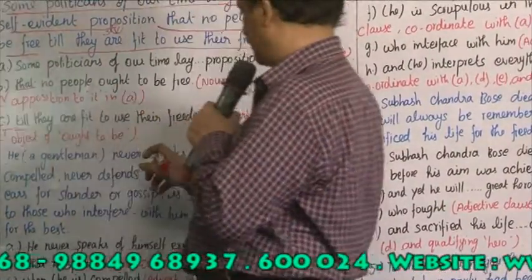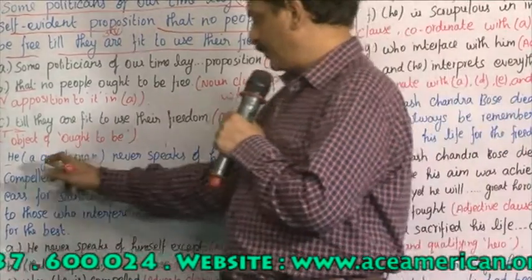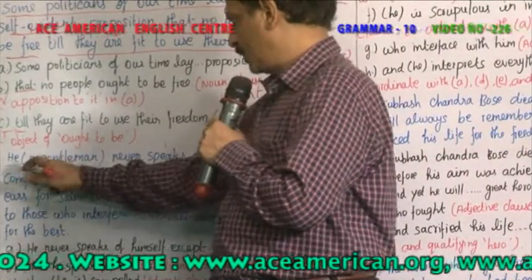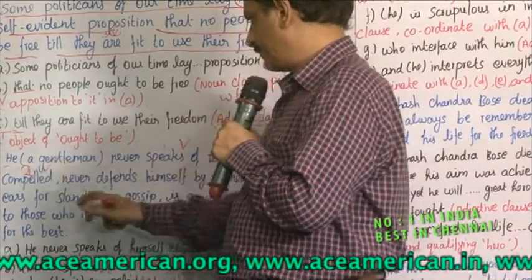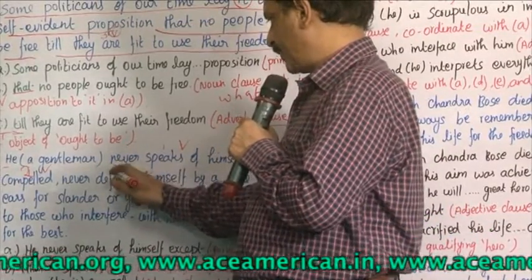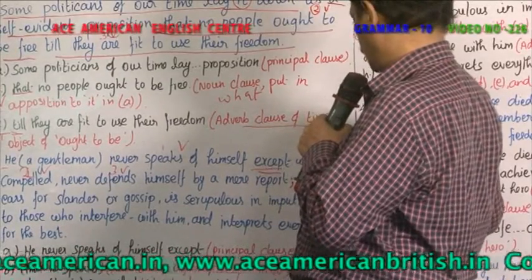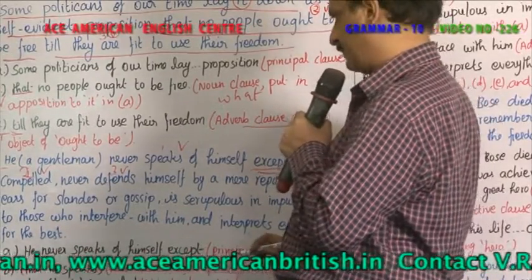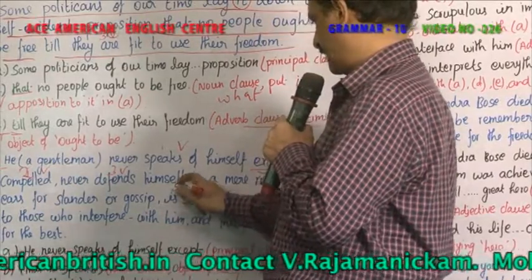So totally how many verbs are there? Speaks is one. Compelled is one. So two verbs, two sentences. Defends, third verb, three sentences. Has, fourth verb, four sentences. Then is, fifth verb, fifth sentence.